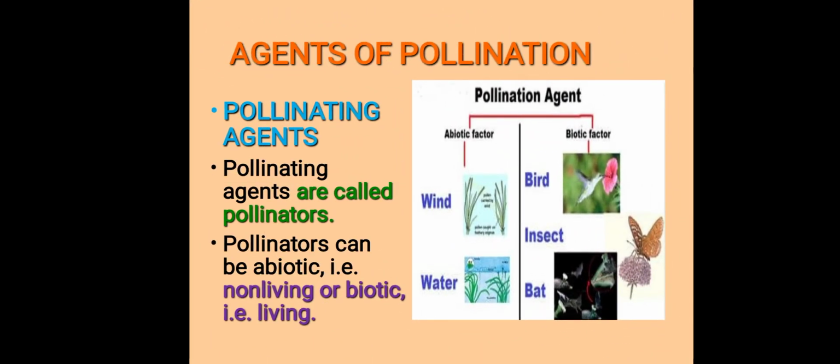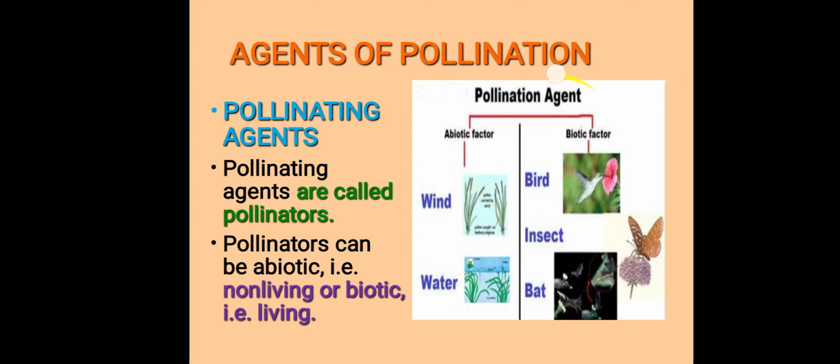So, agents of pollination, or pollinating agents, are called pollinators. Pollinators can be abiotic, that is non-living, or biotic, that is living.